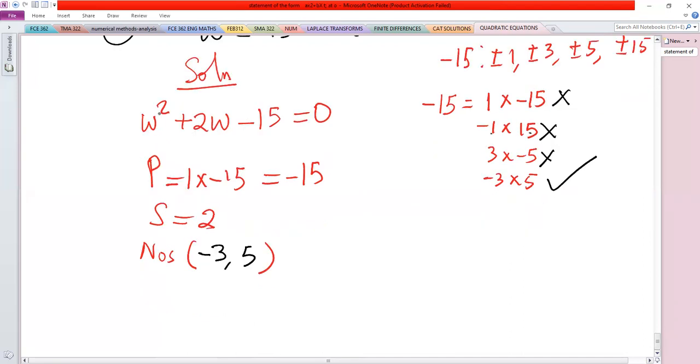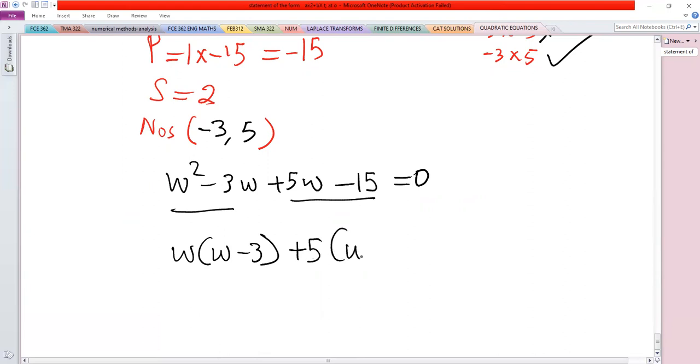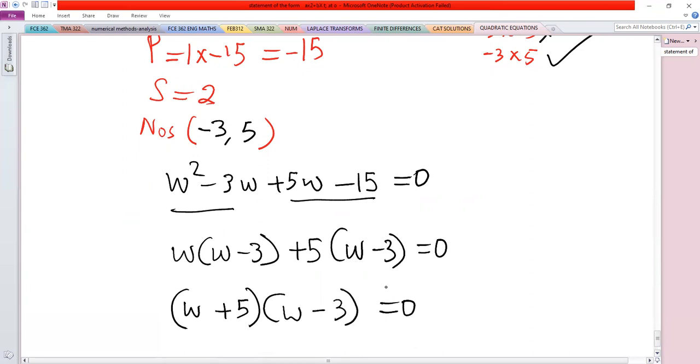So now we write this quadratic as w squared minus 3w plus 5w minus 15 equals 0. And then do the pairing. This is the first pair, this is the second pair. So w into w minus 3 plus 5 into w minus 3 equals 0. So w plus 5 times w minus 3 gives us 0.